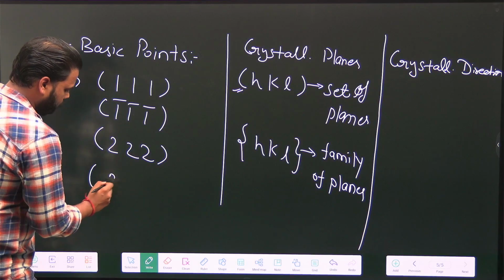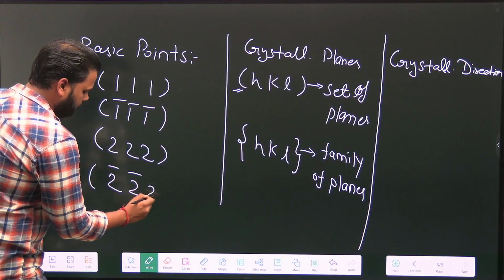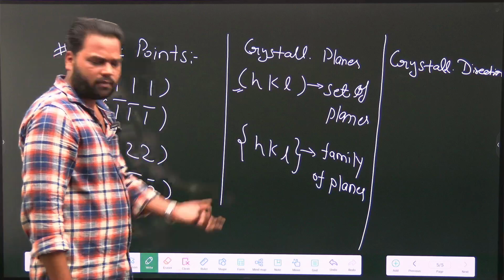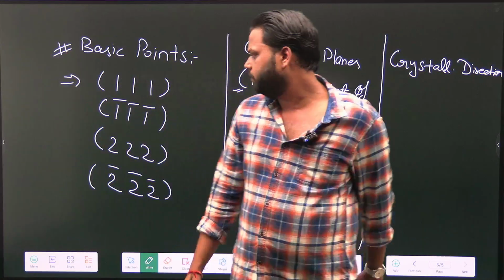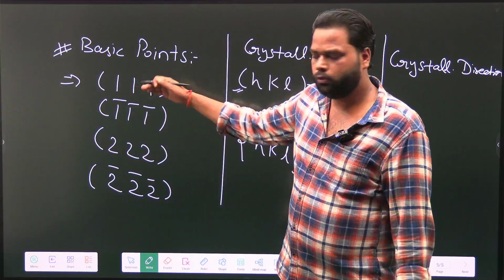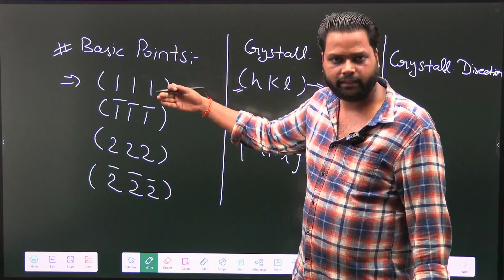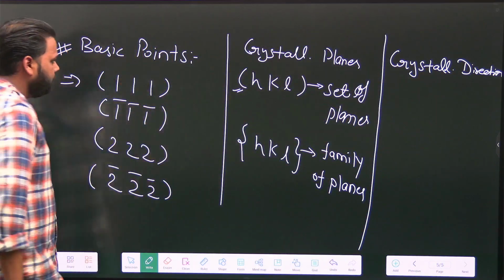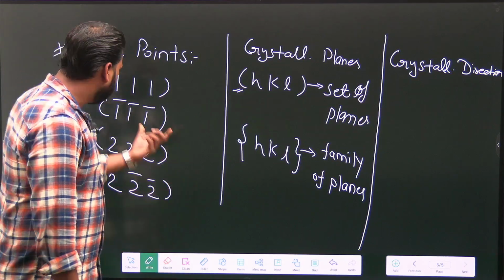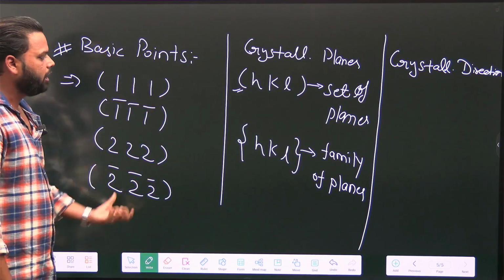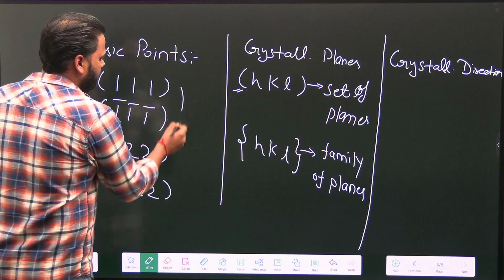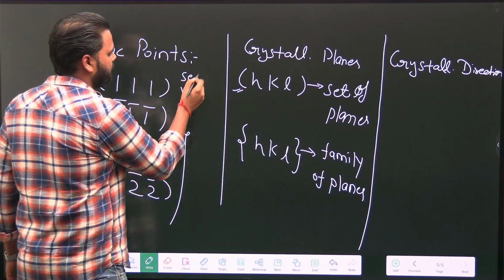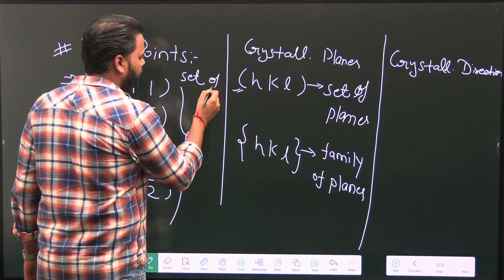Other one is 2 bar 2 bar 2 bar, and many others, means infinite number of planes will be there, na. 1 2 twice, 2 4 8. So these types of planes which are parallel to each other are called the set of planes.